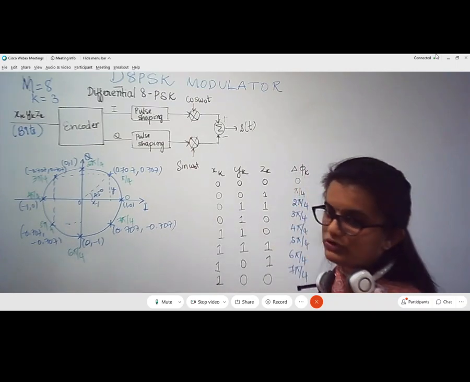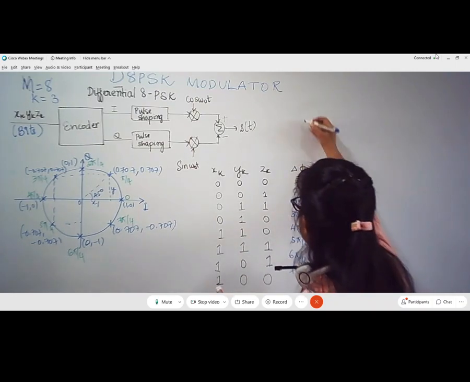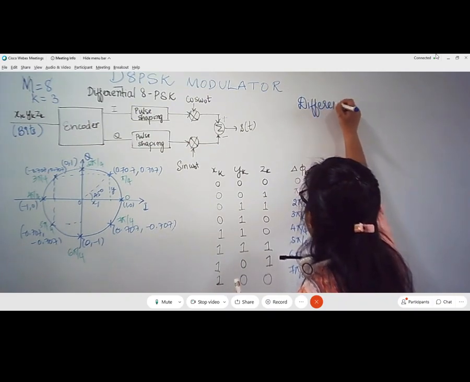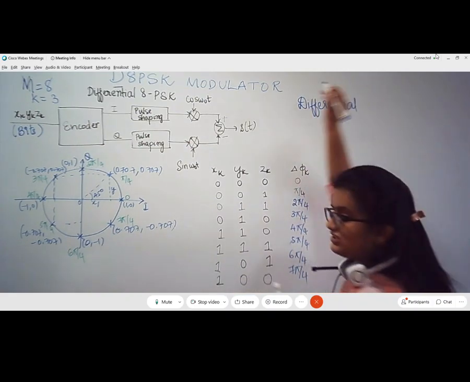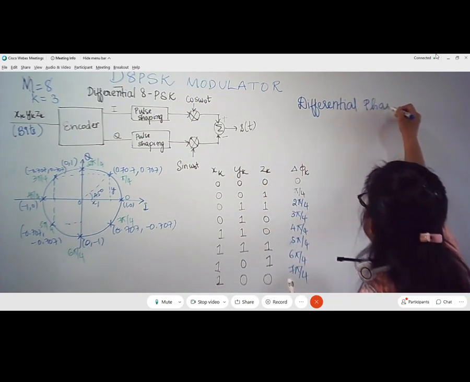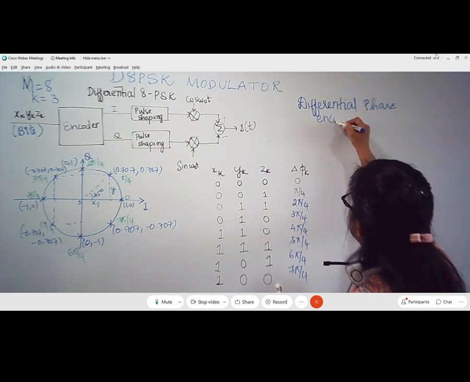Here also we are going to do the same. We are going to make use of differential phase encoding, instead of encoding the bits directly.